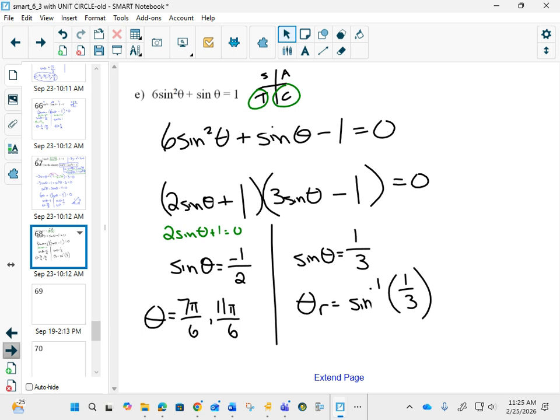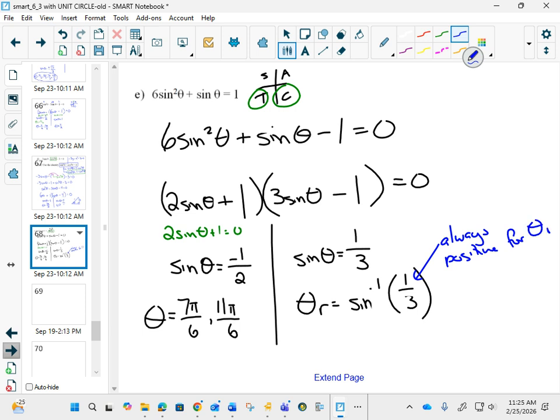Sine inverse of, and just a note, for figuring out your reference angle, you always plug in a positive fraction. Our fraction was positive already, so we didn't have to worry about that. But if this question had sine theta equals negative 1/3, you would find your reference angle by doing sine inverse of positive 1/3.